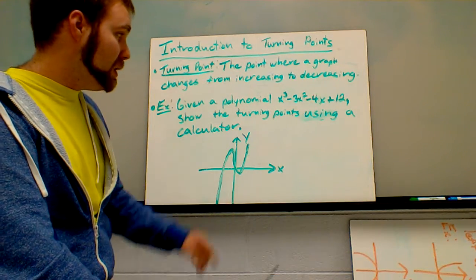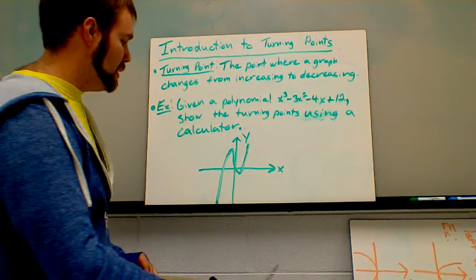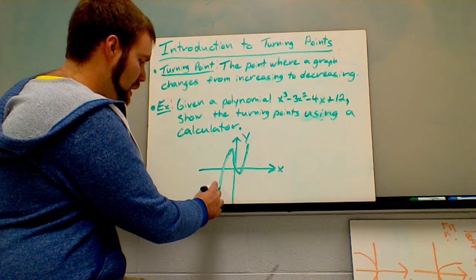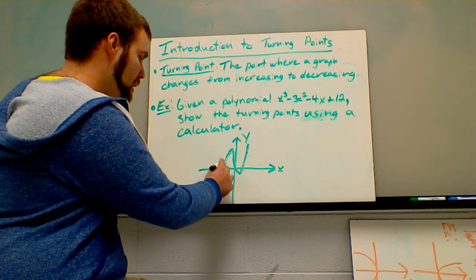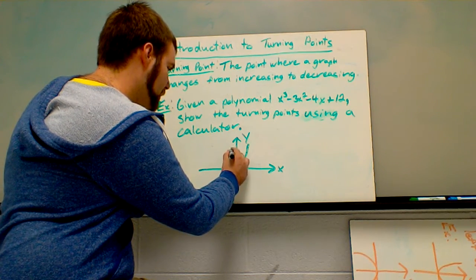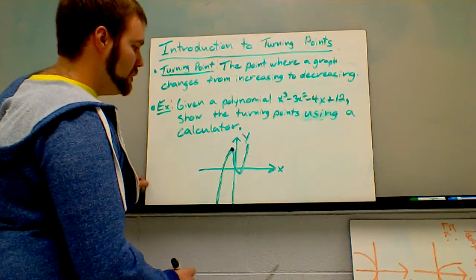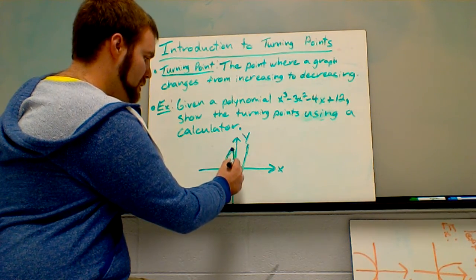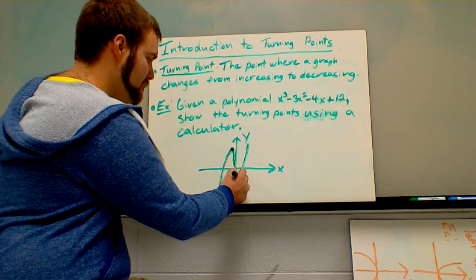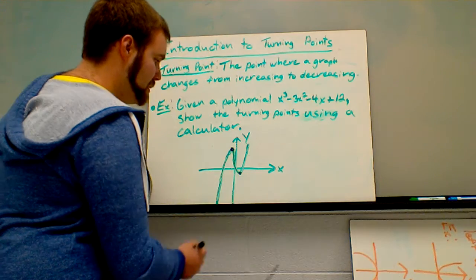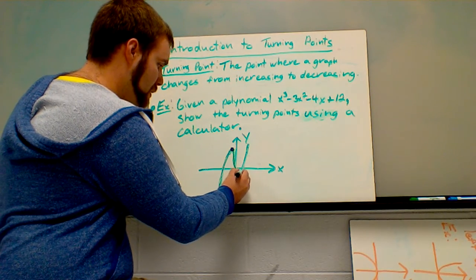What I'm looking at now is turning points. If you notice here, I'm increasing along my graph all the way up to this point right here. At this point, I start to decrease in values, all the way to this point here. Now at this point, I start increasing again.